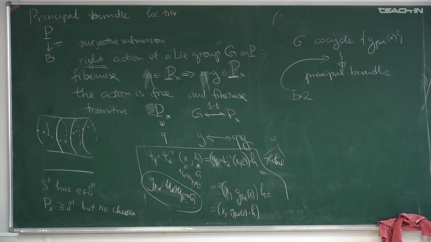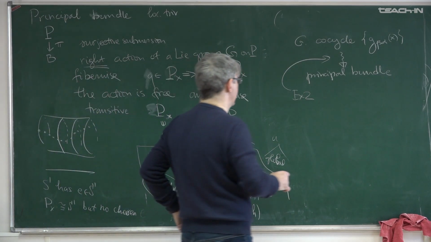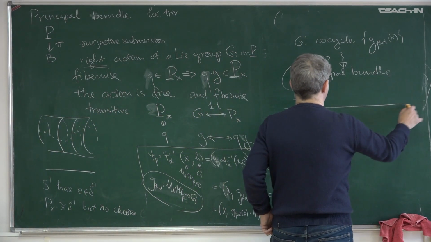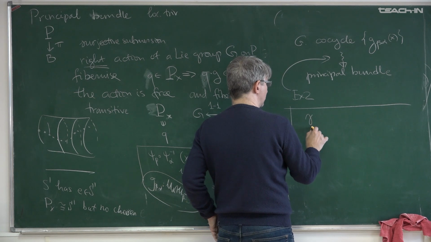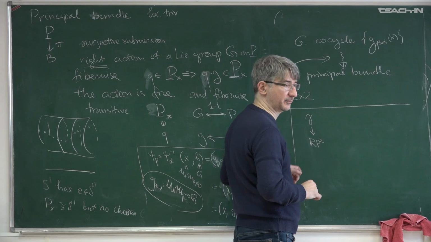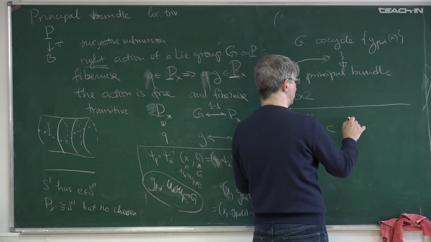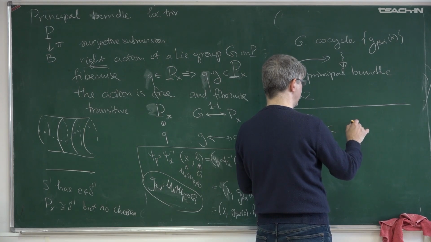May I ask you to try to do one thing as an exercise? I do not know if you will be able to do it, but let's try. So we have the tautological line bundle over projective space, yes? It sits inside a trivial vector space of what dimension?